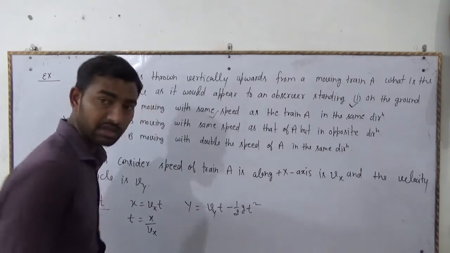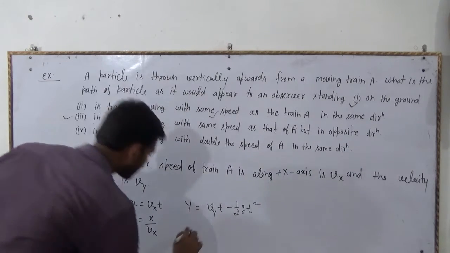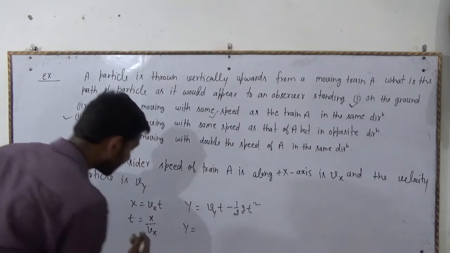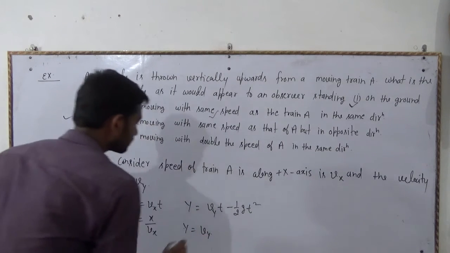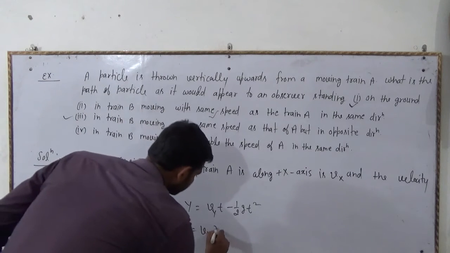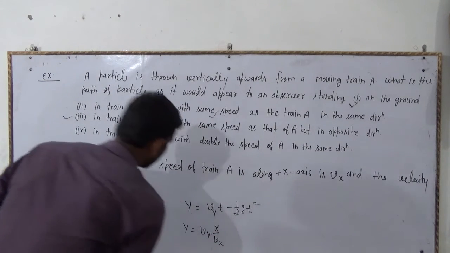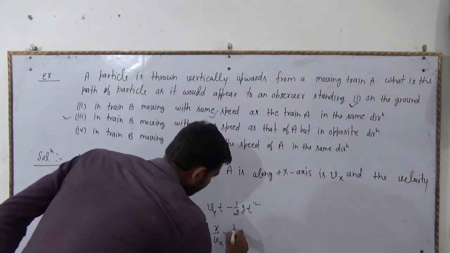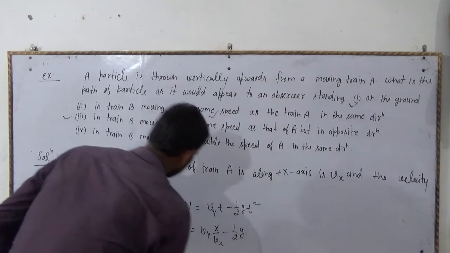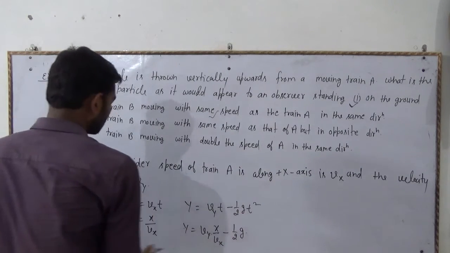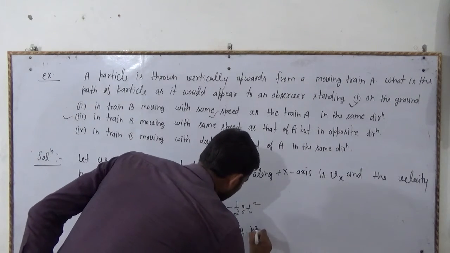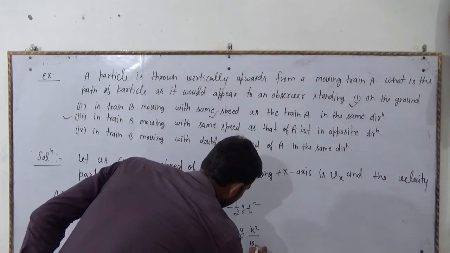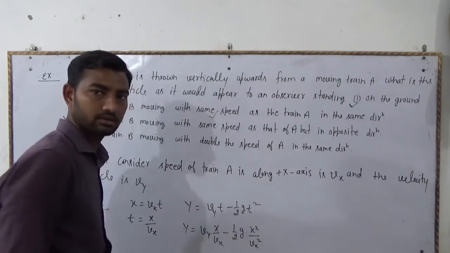We can eliminate t with the help of this equation. Then we get y is equal to Vy into t, where the value of t is x by Vx, minus half g t square. In place of t square we can write x square by Vx square.